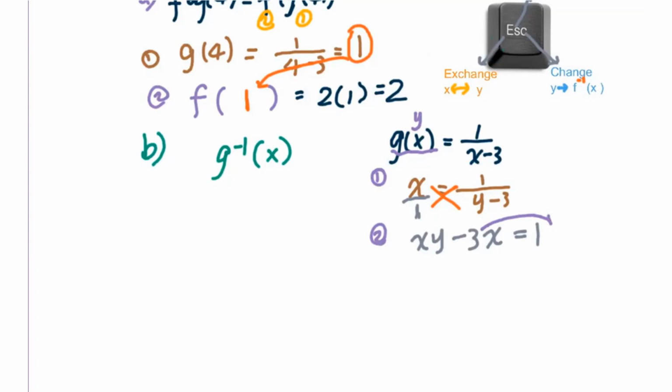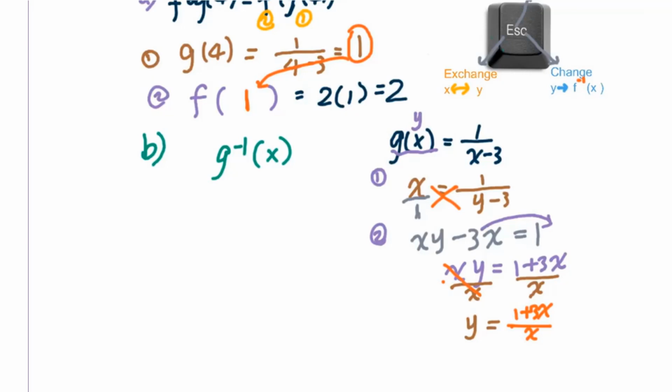Therefore, I add 3x to both sides. I get xy equals 1 plus 3x. Then we divide by x on both sides, and we get y equals (1 plus 3x) over x.